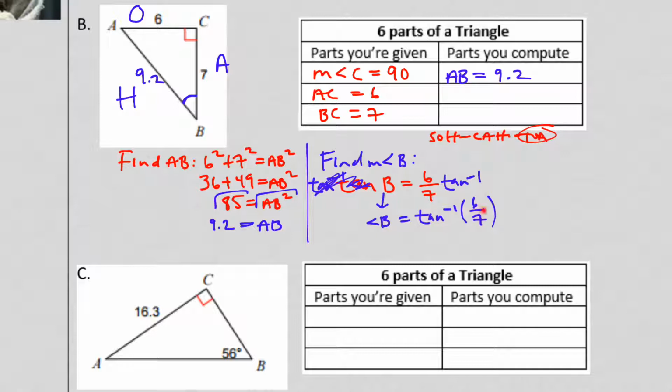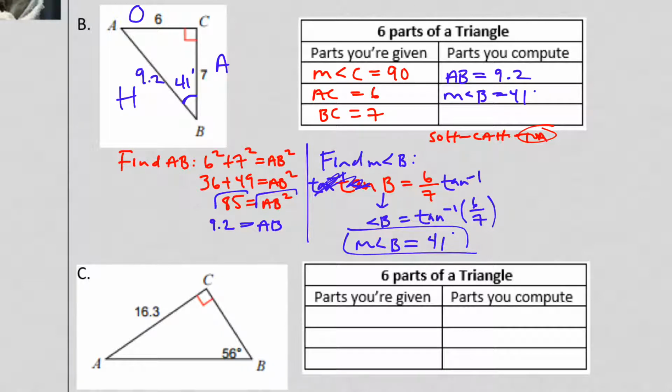From here on your calculator, you can just press those buttons, and you'll get that the measure of angle B is approximately 41 degrees. So I've now found that the measure of angle B is 41 degrees.